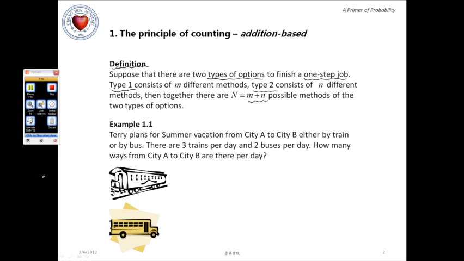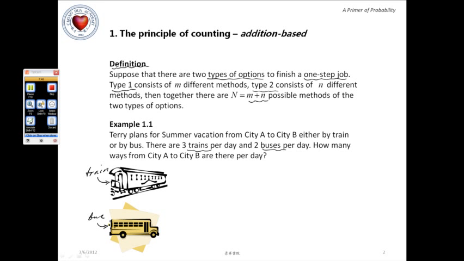So second, is it hard for us to classify the types? Obviously not. There are 2 types of transportation vehicles. One is train, another one is bus. Third, can we double check here whether it's an addition-based problem?